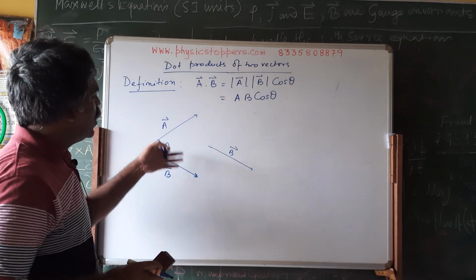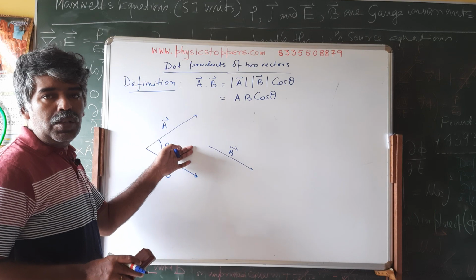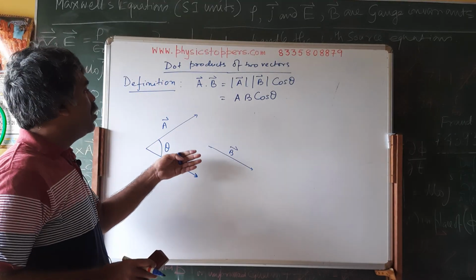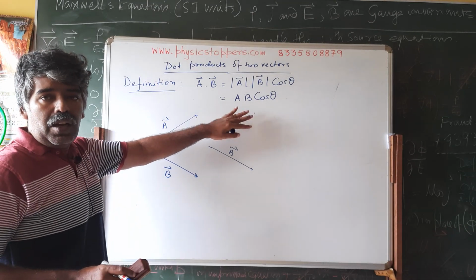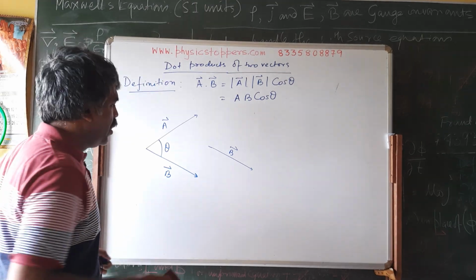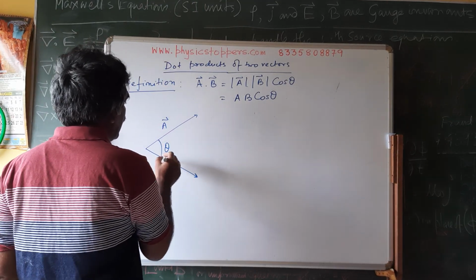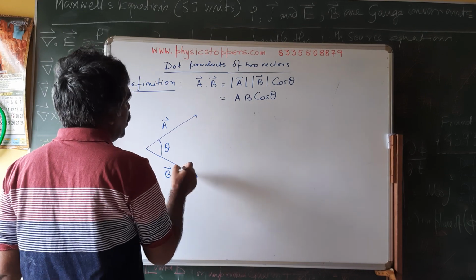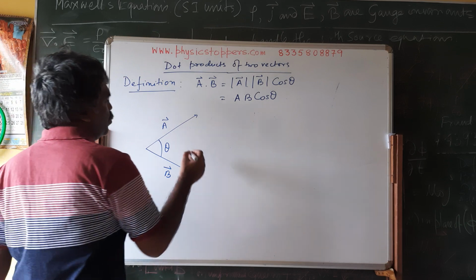Any two vectors can be drawn in one plane. For the time being I am drawing those two vectors in the plane of the board. So this is my two-dimensional space where I am placing those two vectors. Here this is the angle. So A dot B is AB cos theta, right?